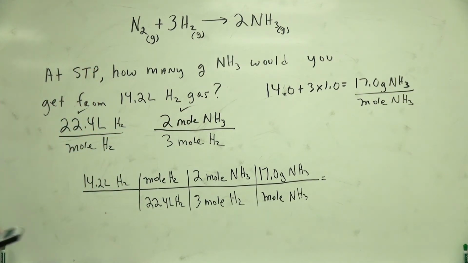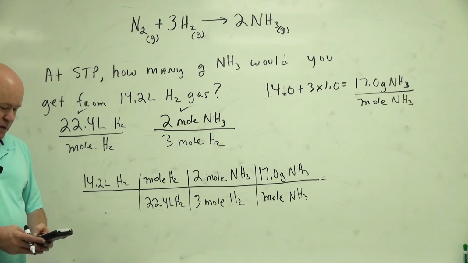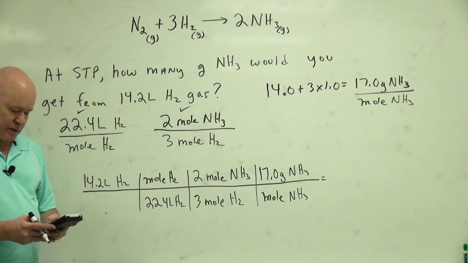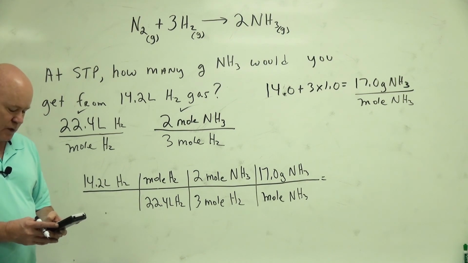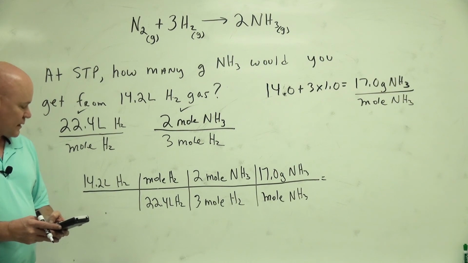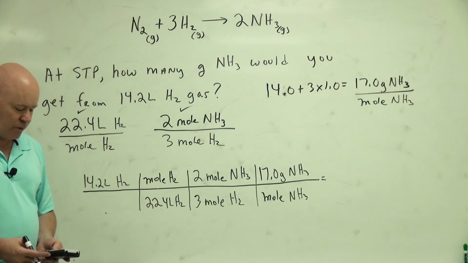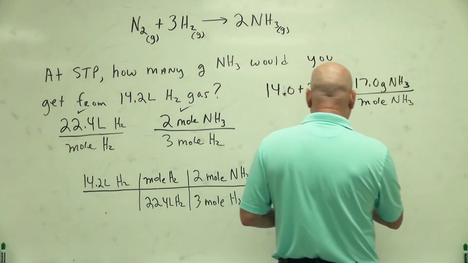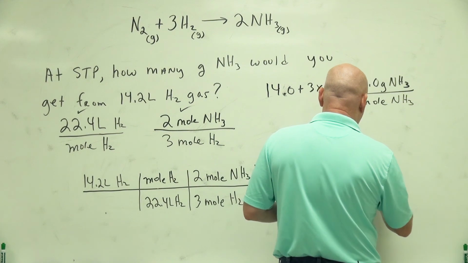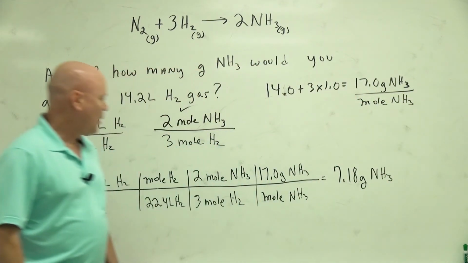We get out our calculator: 14.2 times 2 times 17 divided by parentheses 22.4 times 3 close parentheses equals, and I get 7.18 grams NH3, ammonia.